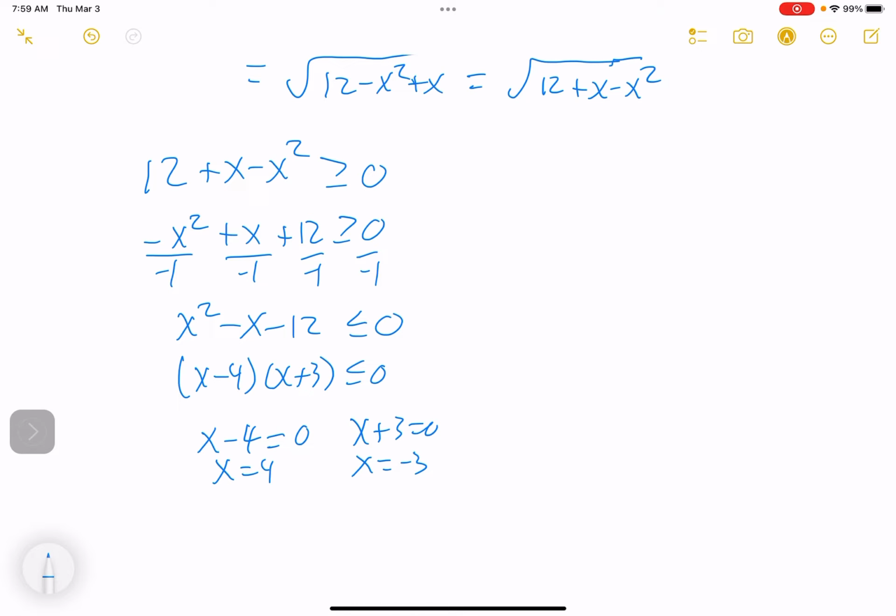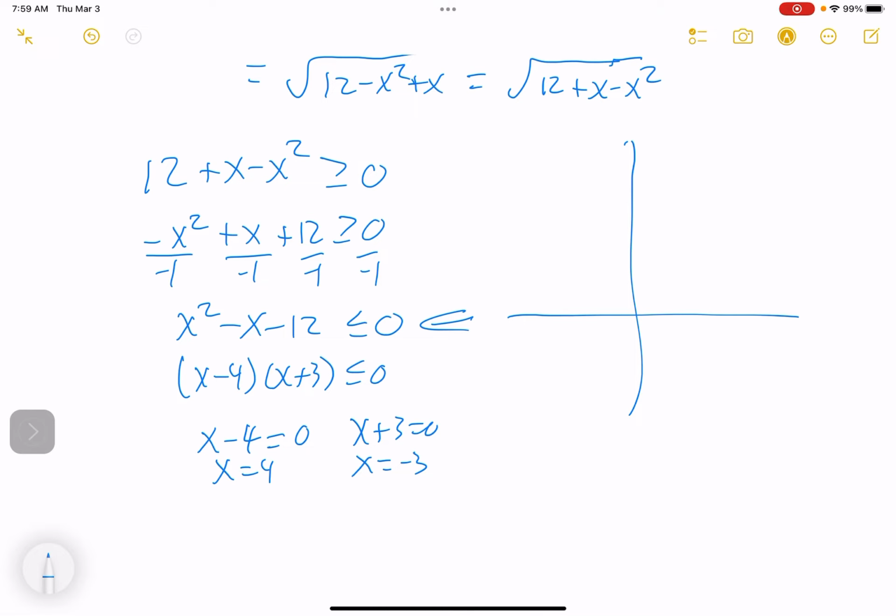Now we want to know the interval, the critical values where it changes. So where is this? I'm looking at this line right here. Where is that parabola going to be less than 0? A parabola with a positive leading coefficient would be opening up.